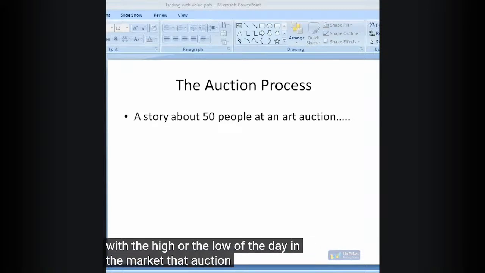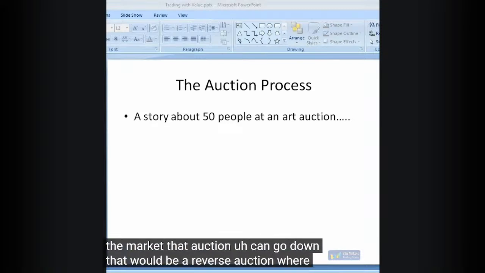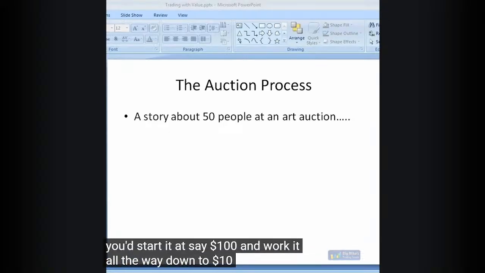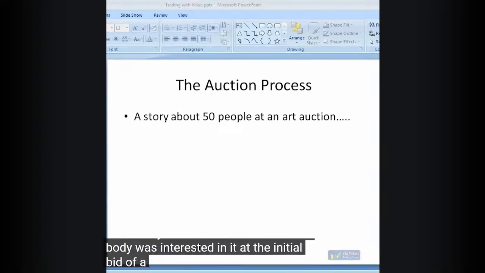In the market, that auction can go down. That would be a reverse auction where you'd start at, say, $100 and work it all the way down to $10 because nobody was interested in it at the initial bid of $100.